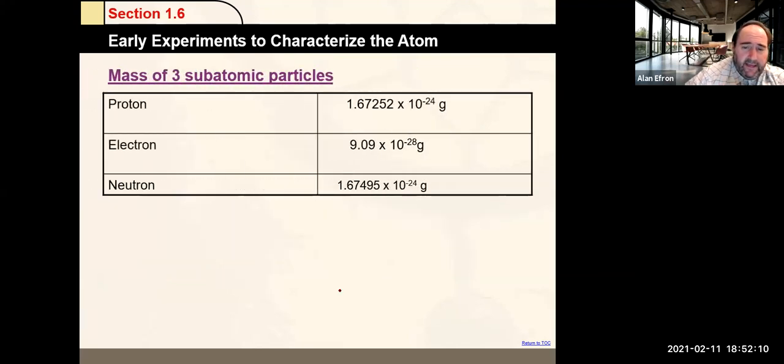And this table, again, just summarizes the masses that we just talked about of those three subatomic particles. Do you need to know the numbers of the masses of each of the subatomic particles? The answer is no, you don't. But you do need to know that the neutron is the heaviest, followed by the proton, and the electron is the lightest out of all of them.